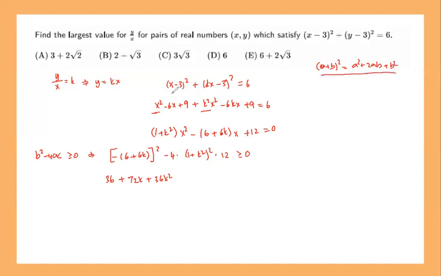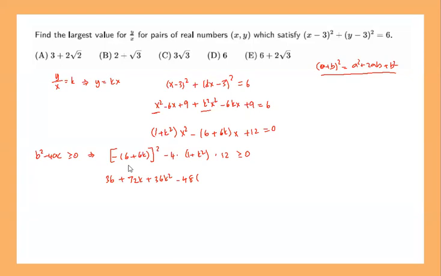I just use that here. And then 12 times 4 is 48, so I will get negative 48 times this guy. Actually, we don't have to square this one, right? There's no square.